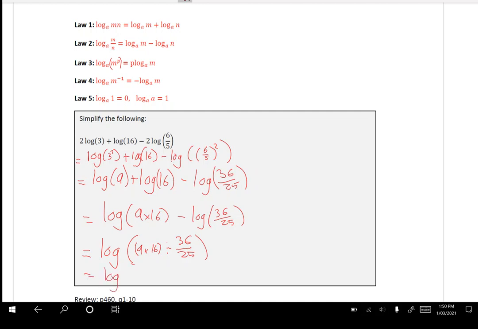So we get log 9 times 16 times 25 over 36.